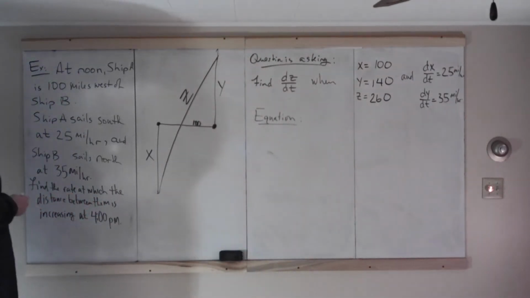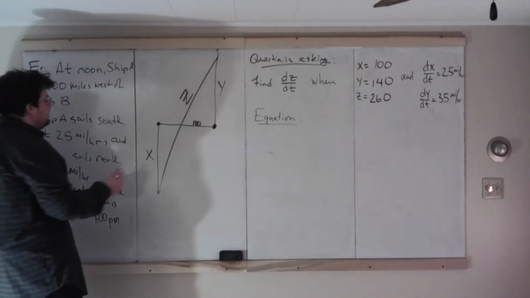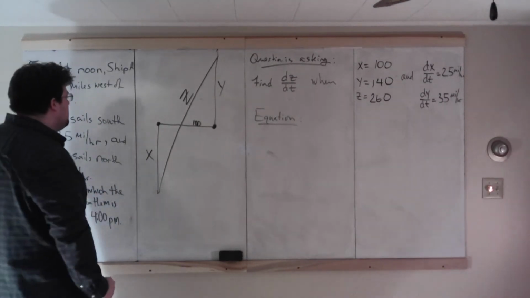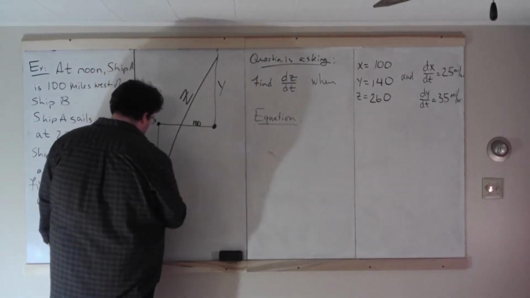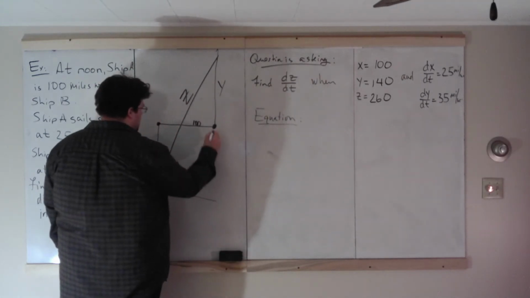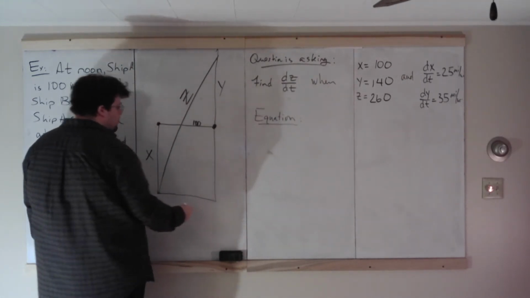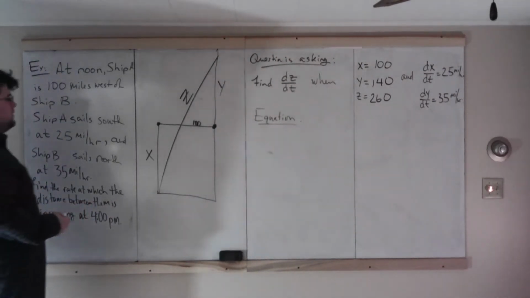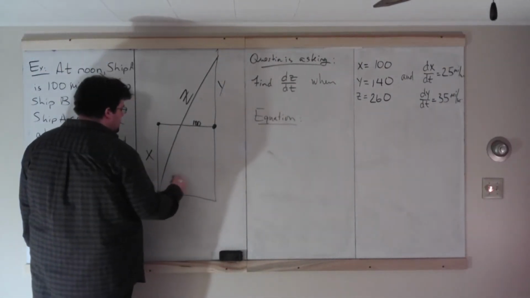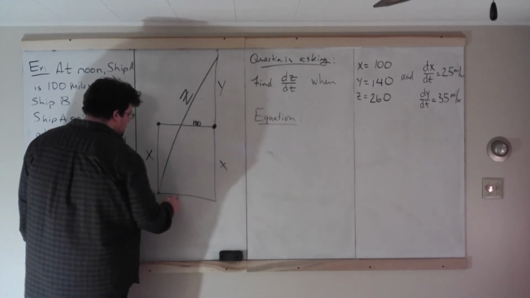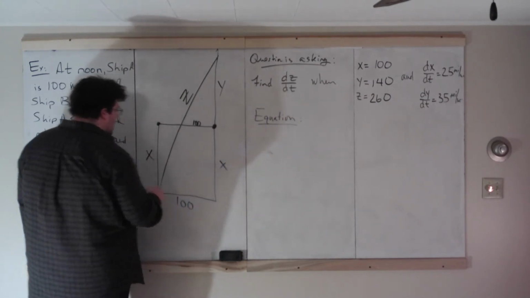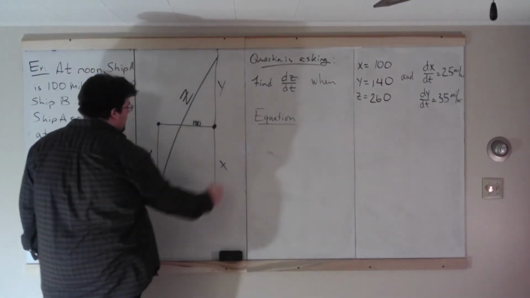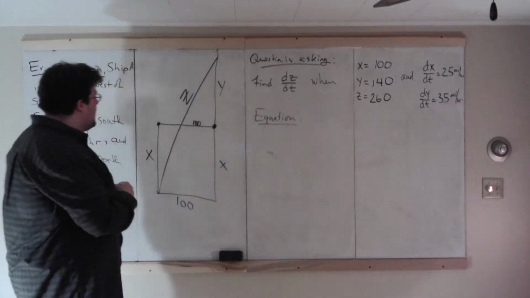So that's going to introduce a fourth variable if you try to use this divided into two triangles and so on. But what we can do is draw extra lines. We can draw those lines. This now is a rectangle. This side is x. This side is 100. So now, with this big right triangle, we do have a relation between x, y, and z.